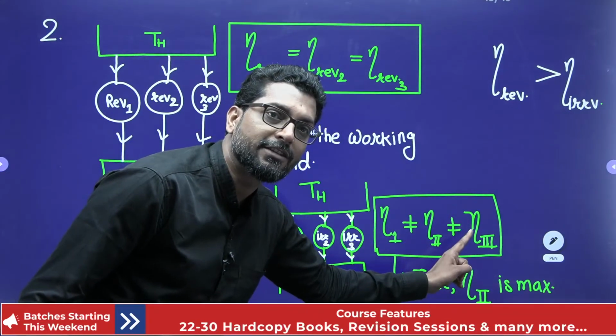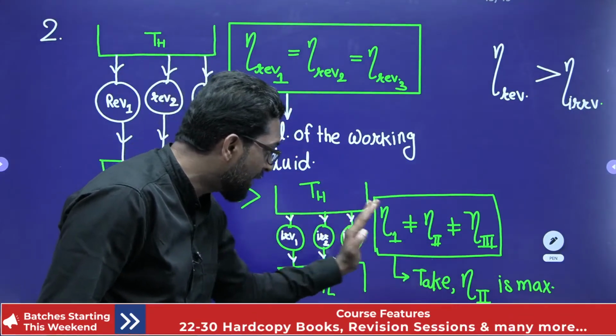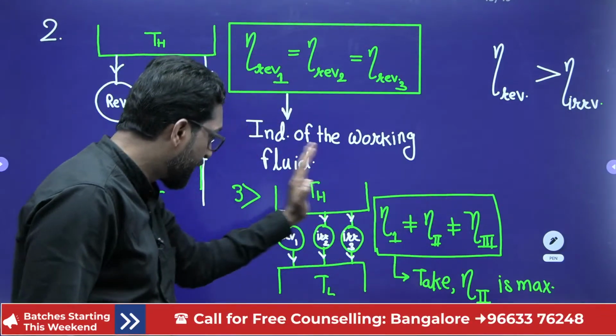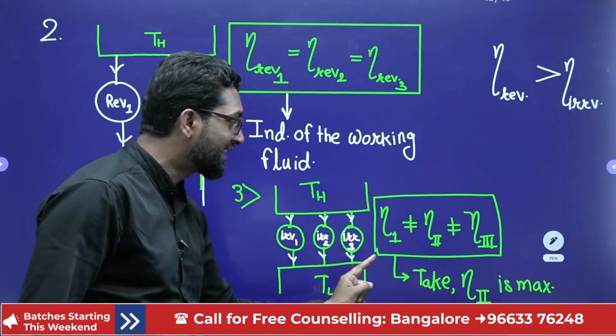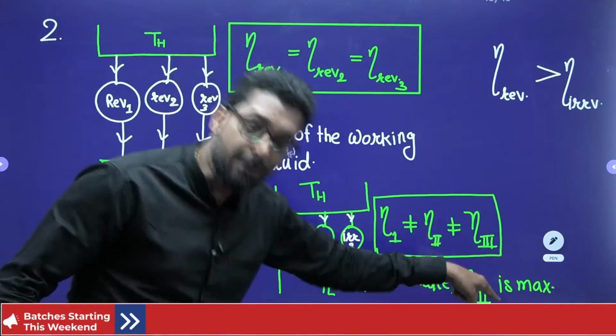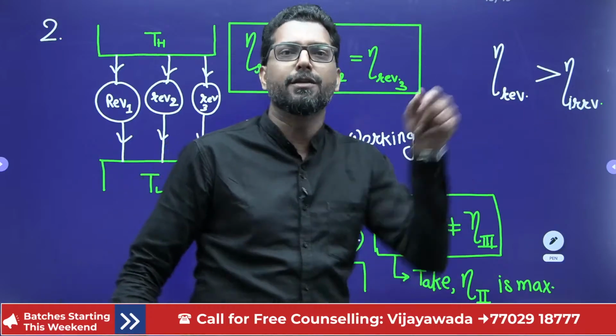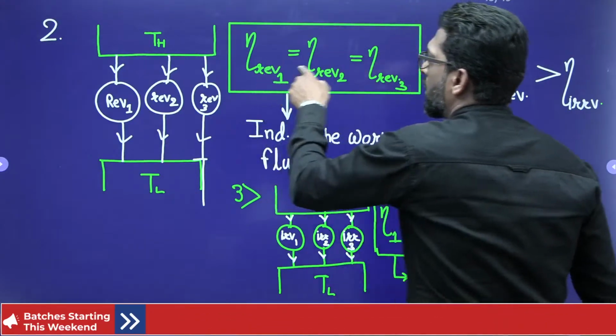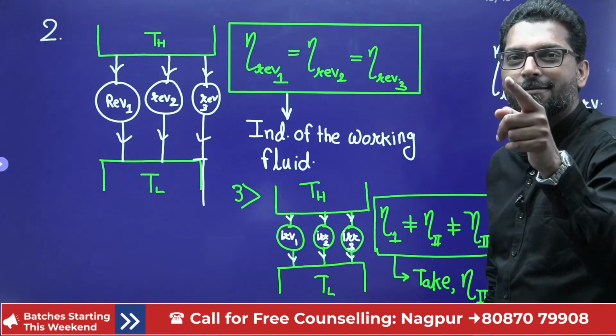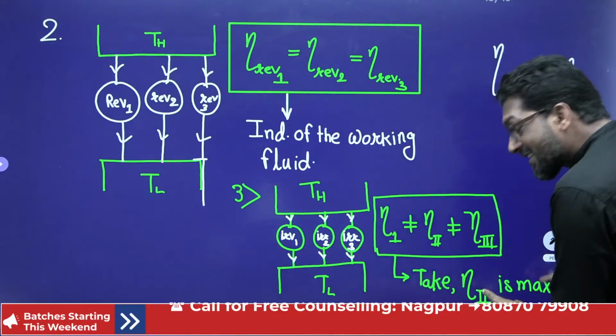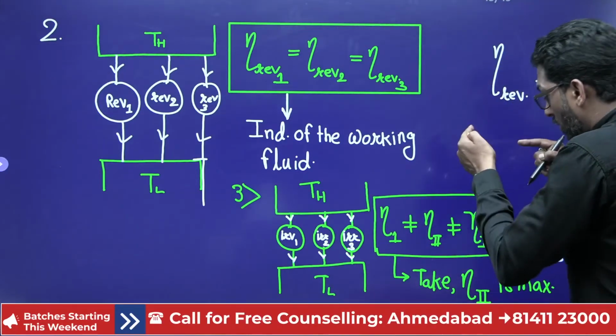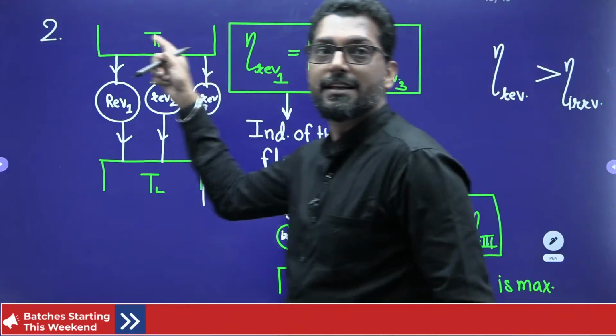These are irreversible cycles, so all of them have different efficiencies. There may be a chance that one cycle has a maximum efficiency, but that maximum efficiency is always less than that of the reversible cycle. This is very important. Though this is the maximum, it is also less than the reversible cycle.